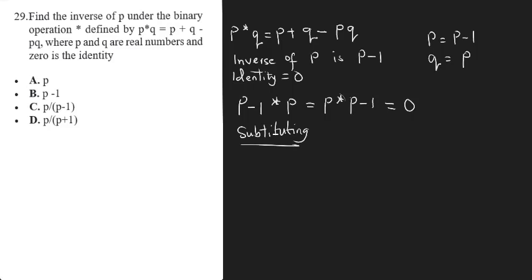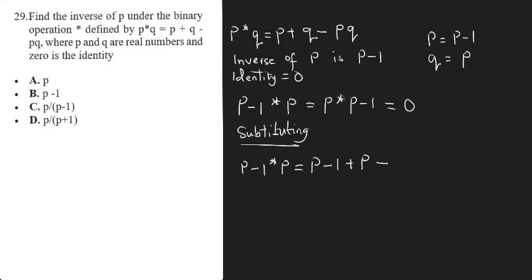If you substitute, instead of P here we're going to put P minus 1, and instead of Q we're going to write P. So in this case we're going to have P minus 1 asterisk P is equal to, now P plus Q. Instead of P plus Q, it is going to be P minus 1 plus Q, which is P. Then we have minus PQ.